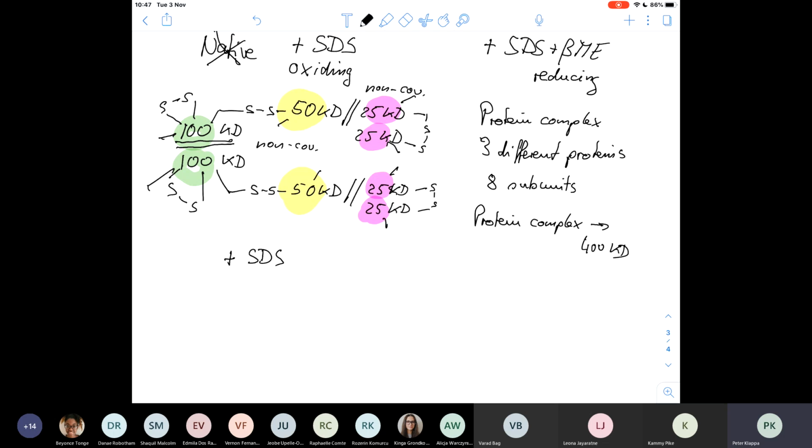So what would we observe? We would obviously break all the interactions that are non-covalent bonds. So what are the fragment sizes that we would get if we run it with SDS only, or under oxidizing conditions? What are the fragment sizes that we get?